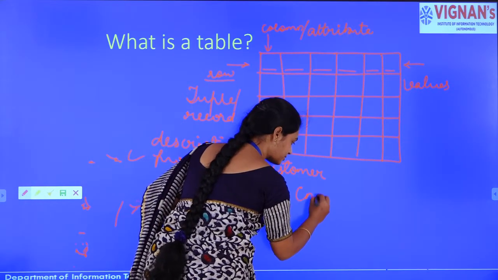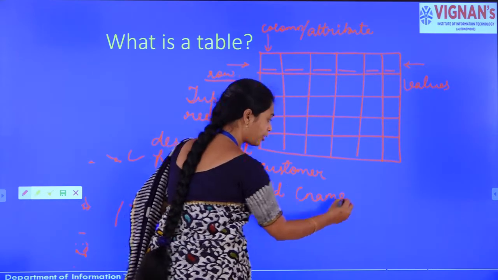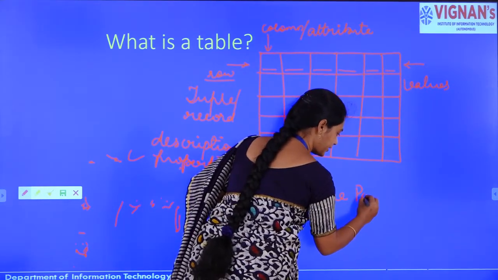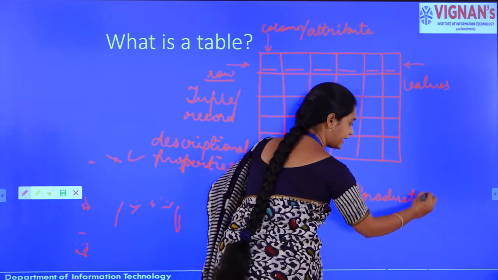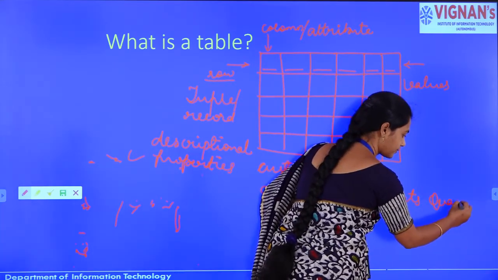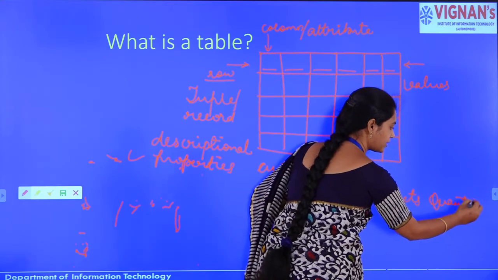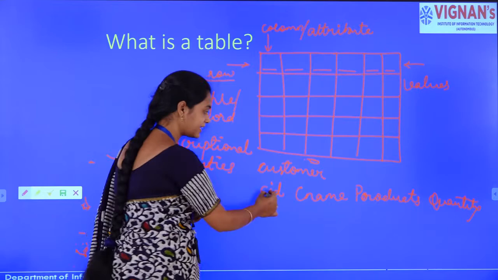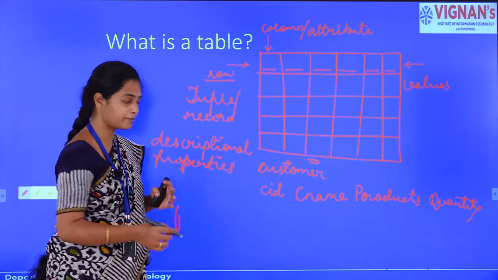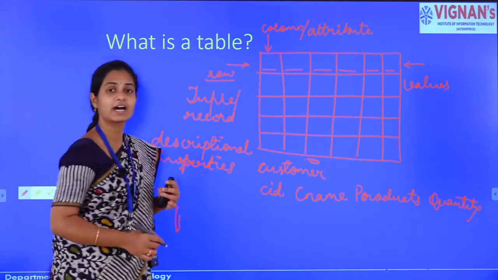So, I will give products, quantity. I can also take address and phone number. These are the different descriptional properties I have taken for the customer.